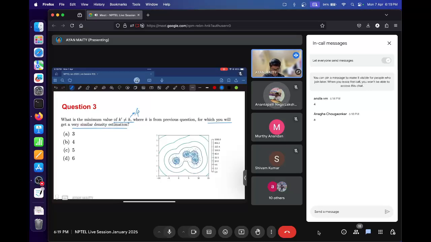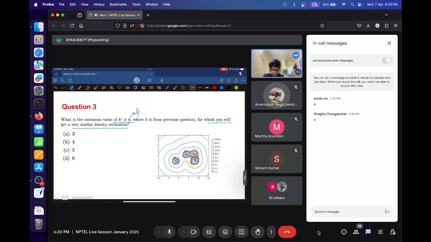So in this question, the minimum number of clusters that will also give a very similar density distribution. This cluster is very much separated from the other clusters, so this has to be one cluster. This is also one cluster, but these two clusters we can actually combine into one because they are very close to each other.